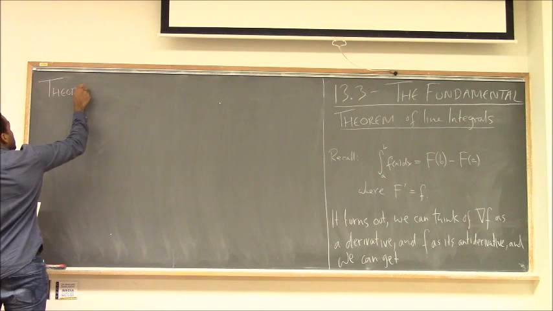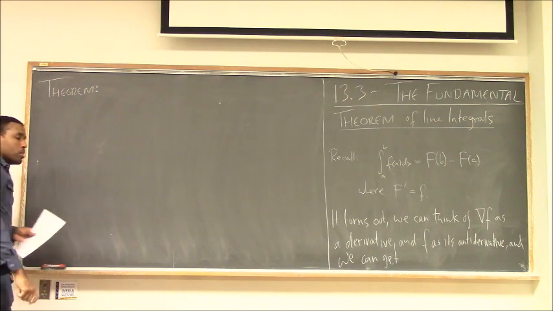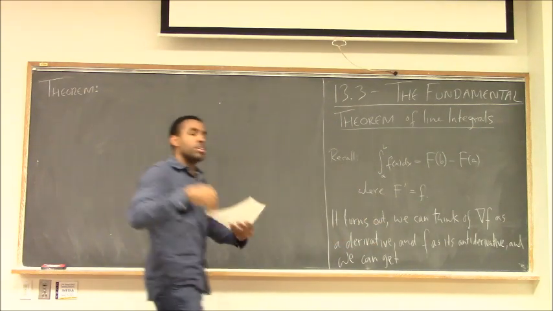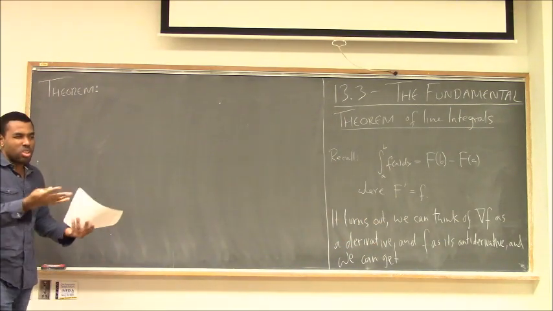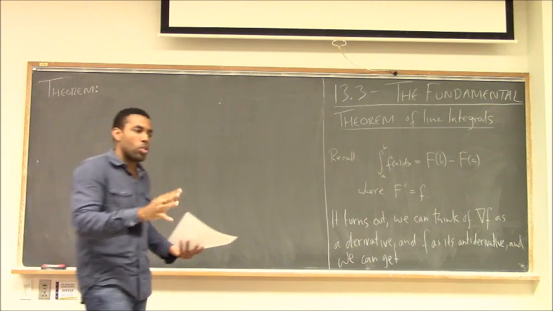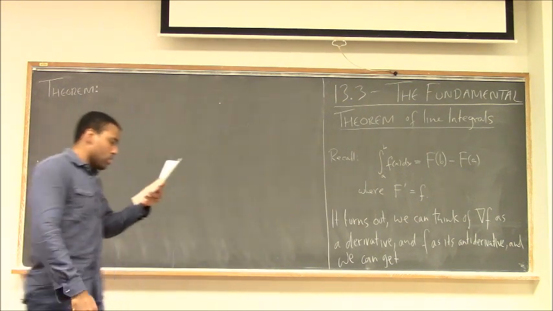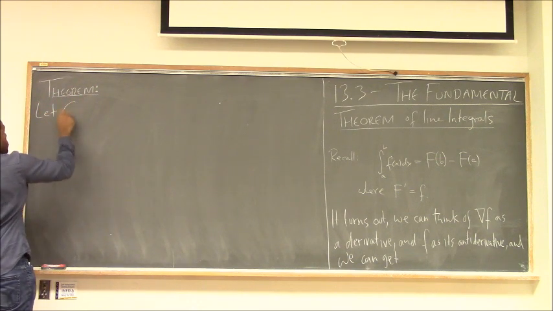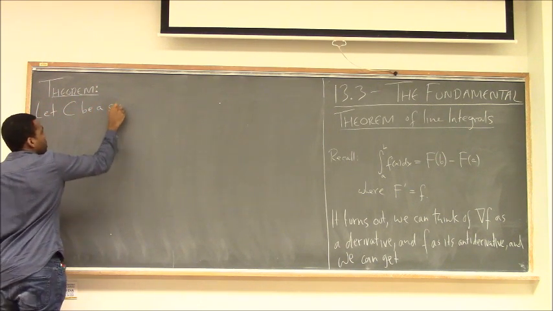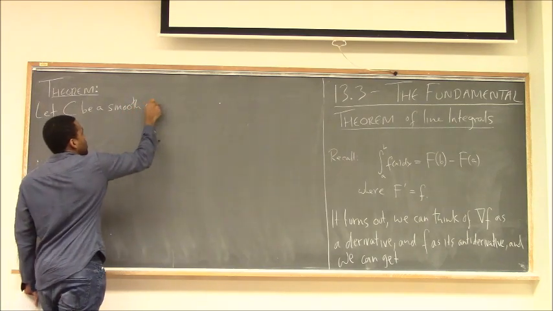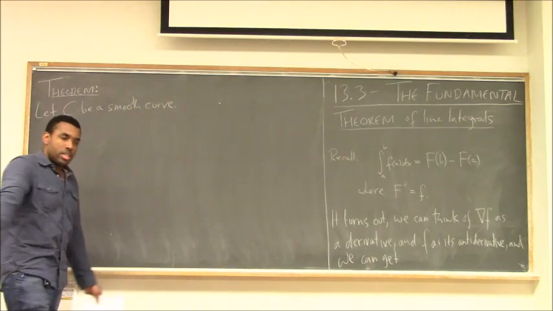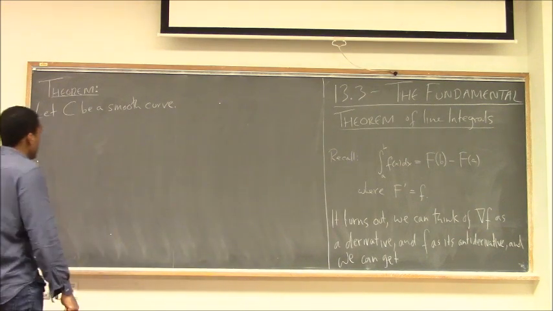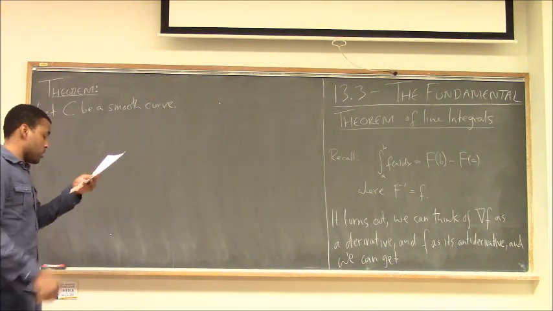I'm going to tell you all the conditions that need to be fulfilled for the theorem, but usually in this class, if I'm giving you such a problem, all these little things in the background would normally be fulfilled, so you don't really have to check them. The theorem says, let C be a smooth curve. In this course I'll either give you a smooth curve or something piecewise smooth that you can break up, but it has to be smooth for this theorem to work.